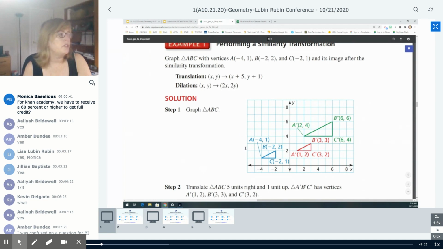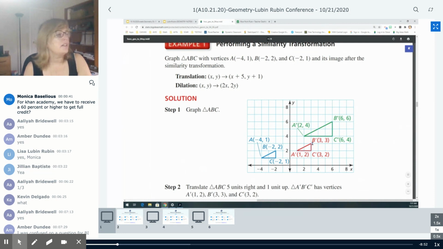And it says to translate it by adding 5 to x and 1 to y. So I add 5 to all my x's. So -4 becomes 1. I add 1 to all of my y's, and I get 2. So here's point A. And then I do that with all of those, B and C. So here I've translated this 5 over and 1 up, the entire figure.